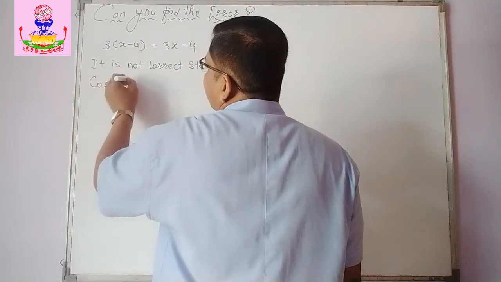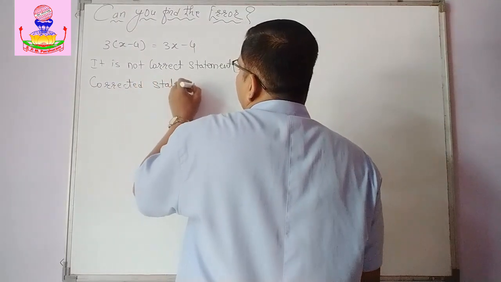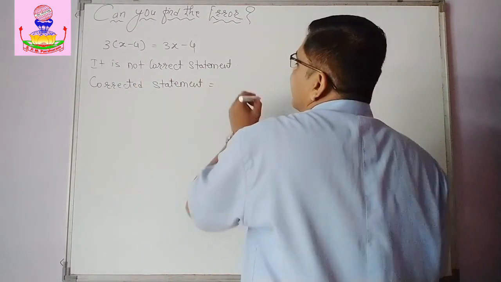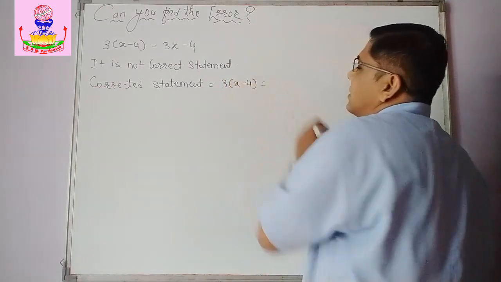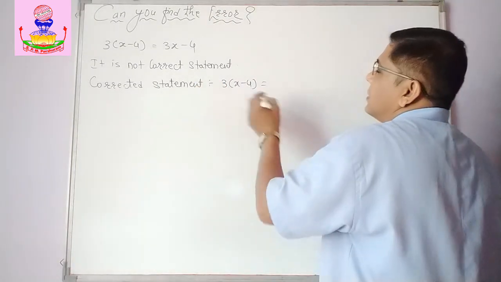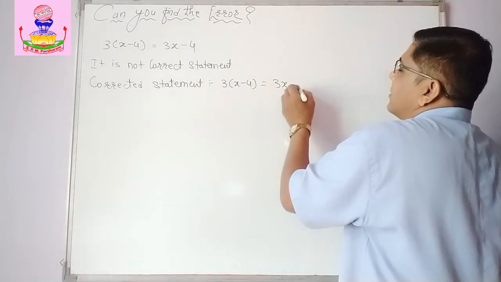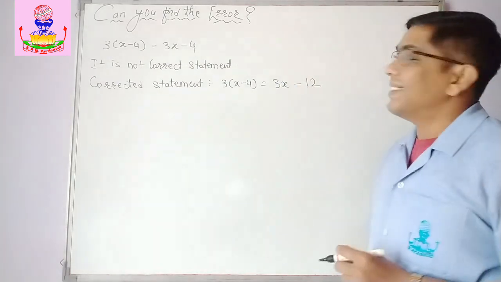So let's write the corrected statement. That is 3 into bracket x minus 4, it should be equal to 3x minus 12. Okay, so why?